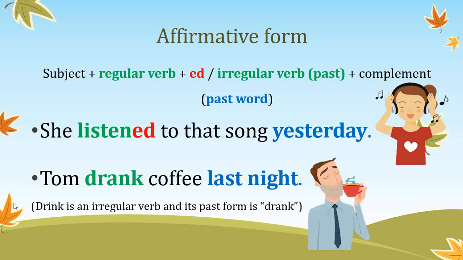Now we are going to learn the structures of the 3 forms of this tense. For the affirmative form, we have subject plus the regular verb with the ending ed, or the irregular verb in its past form, plus the complement.